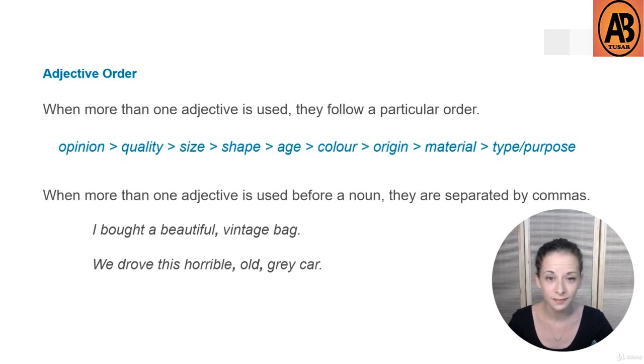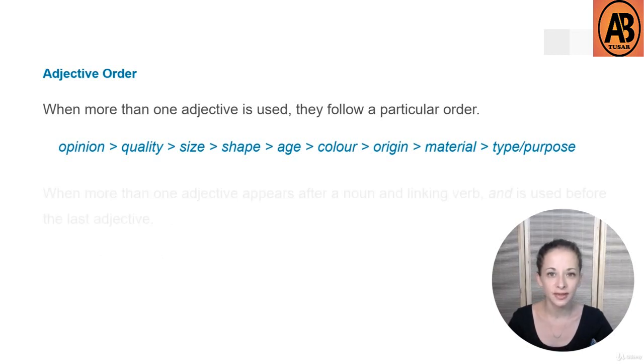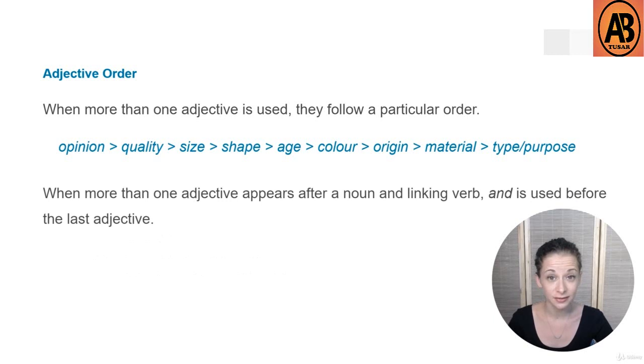with commas. When more than one adjective is used after a noun and a linking verb, the word and is used before the last adjective. So the bag is beautiful and vintage, not just the bag is beautiful vintage.